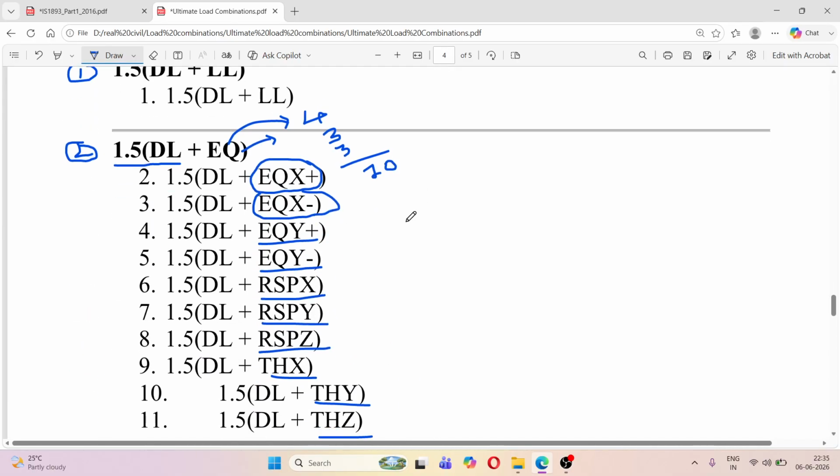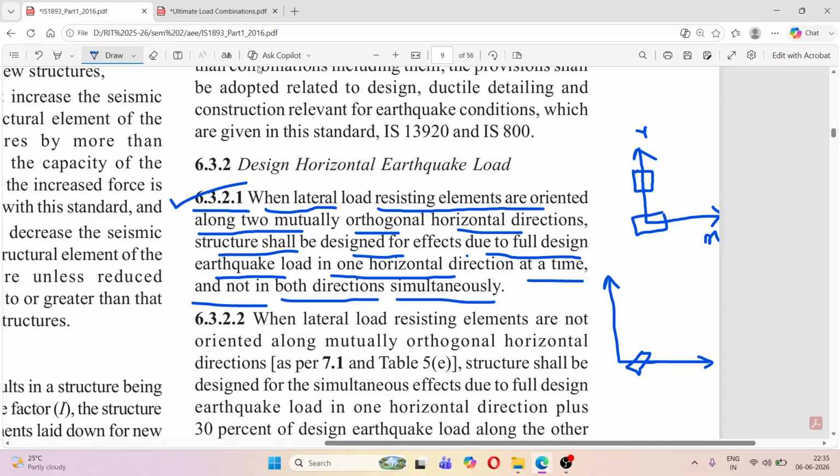That means we have considered only one direction of earthquake in the load case, not two directions or a third direction of earthquake. So these load combinations are okay for this particular case. That means your load resisting elements are oriented along two mutually orthogonal horizontal directions.